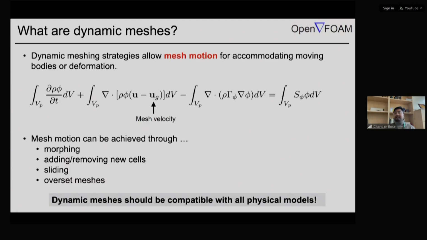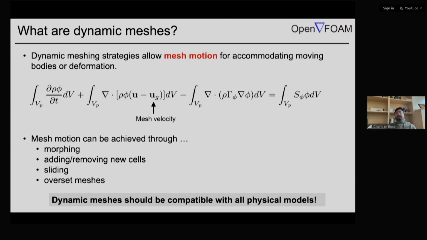We can use sliding of one mesh region over another mesh region, or we can use overset meshes, which means that we use multiple different types of mesh at the same time, overlapping with one another, and then apply the motion to one of these mesh zones, and then interpolate the solution back to the background Eulerian mesh region.